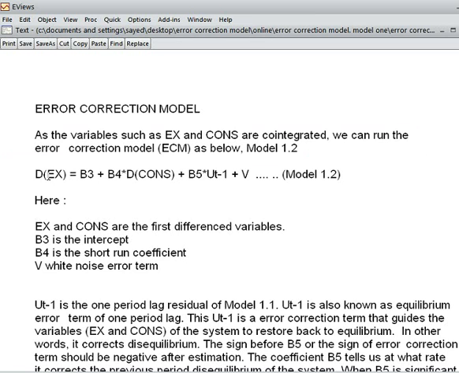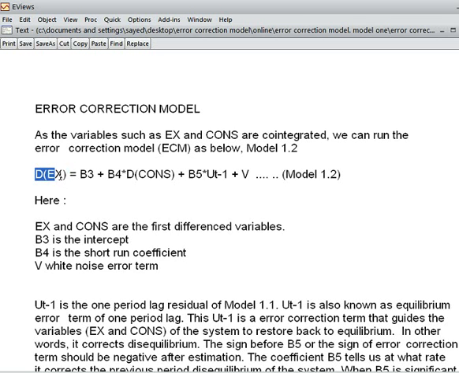And here you see ex is the dependent variable. In the error correction model, the variable must be stationary. So what I have done is convert ex into first difference, Dex, which means the first difference of ex.